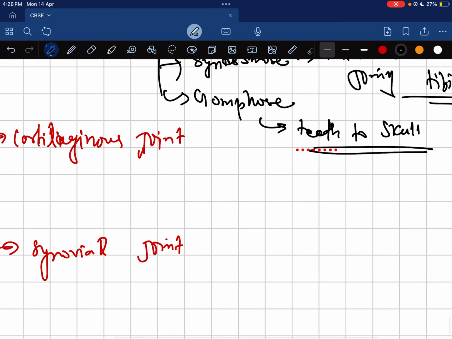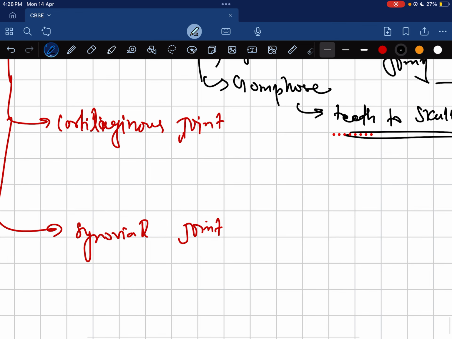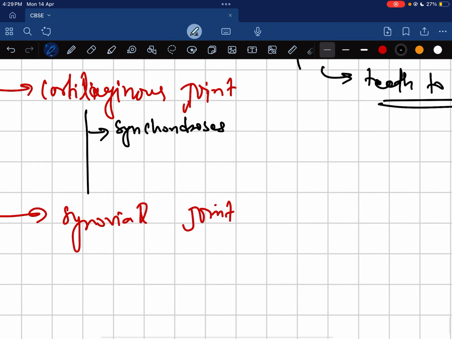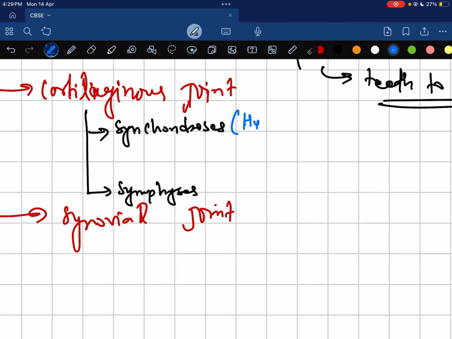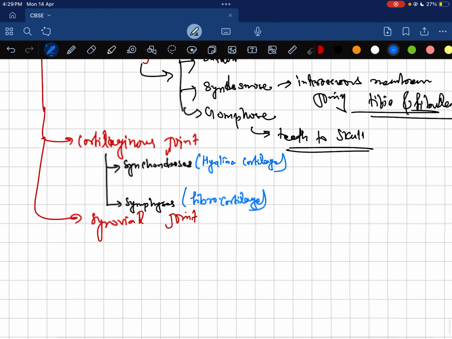In the cartilaginous joint, these are classified as synchondroses and symphyses. In synchondroses, there is hyaline cartilage, and in symphyses, there is fibrocartilage.